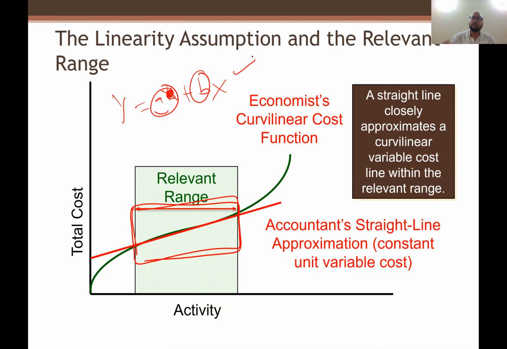And in the relevant range, you find out that range in which your curve shows or displays a linear or straight line approximation. You use that one and put the formula, you find out the variable and fixed cost. So here we go. In that case, total cost is equal to fixed, because fixed doesn't change with any level of activity. So the constant becomes the fixed cost, and this is your per unit variable cost, because per unit variable cost doesn't change. So we can take it as a slope, and that is the number of outputs, x or variable, right?